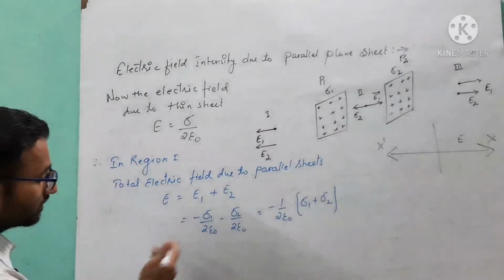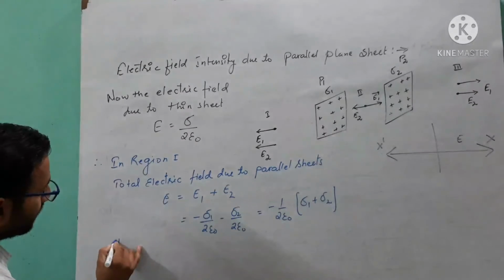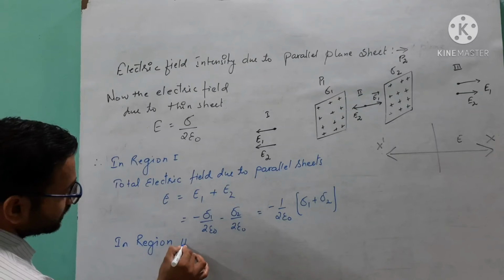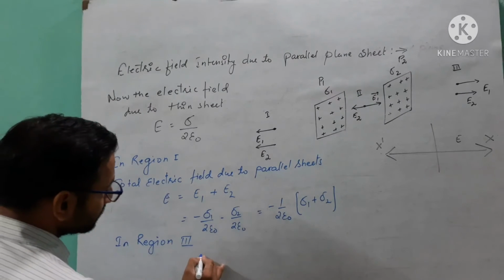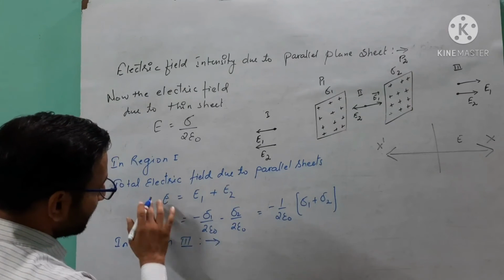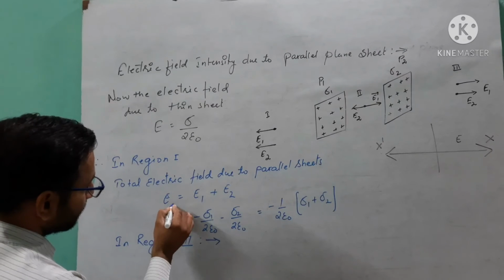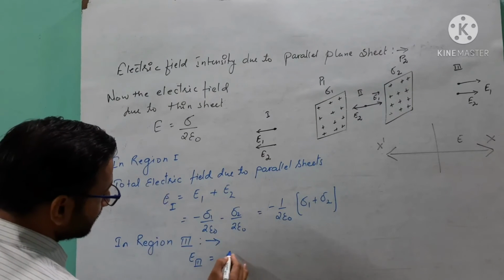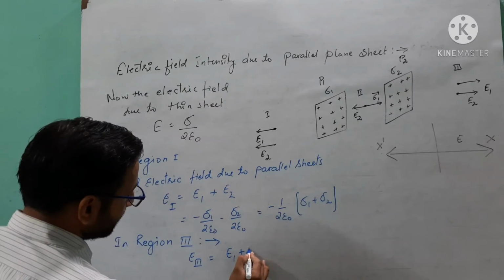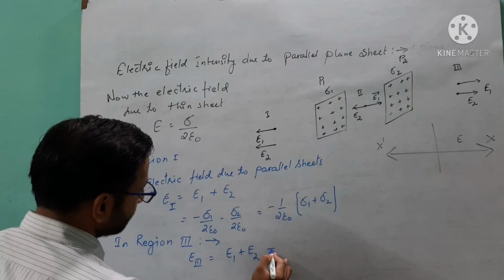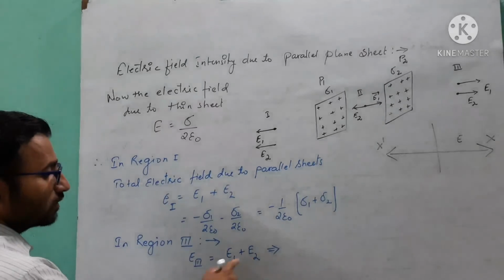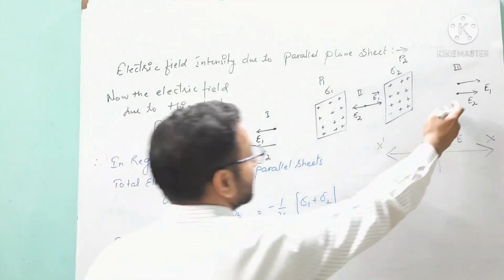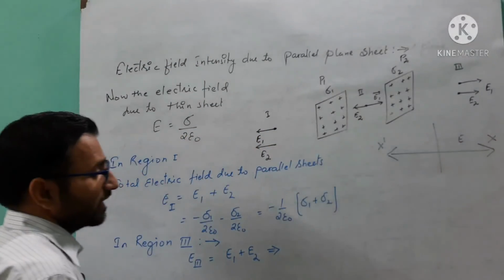After that, in region third, I am writing directly the total electric field. In the third region E3 is equal to E1 plus E2, and we know that E1 and E2 are both positive in the third region, which is the right hand direction or positive x direction.